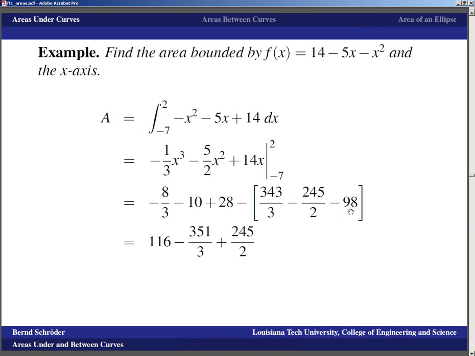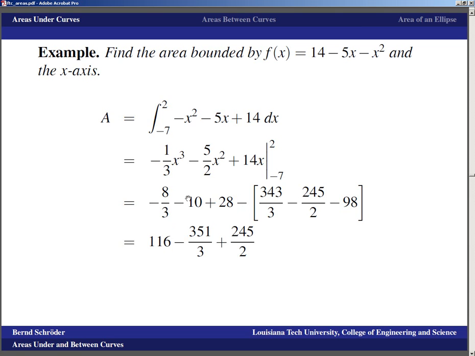So that does work out, and then we just start adding things up. We have minus 98 plus 28, so that would be 126, and minus 10 is 116, so that's right. Then we've got all those thirds.